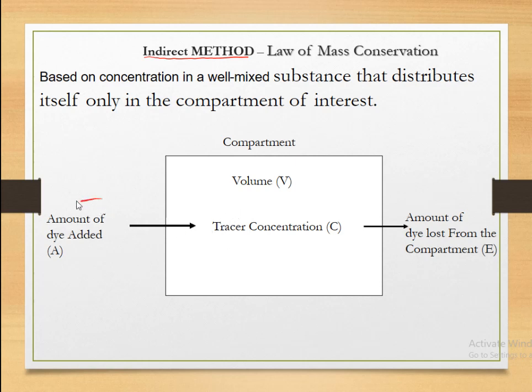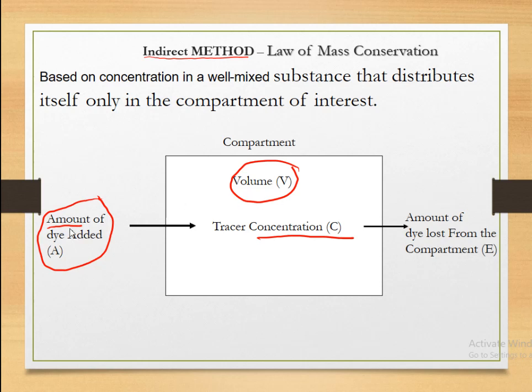In this case, we have the amount of dye, which can be said to be A, and the compartment has a certain volume and a concentration. Then we have the amount of dye lost from the compartment. So after you add the dye to this compartment, we also need to consider the amount of dye which has been added there.